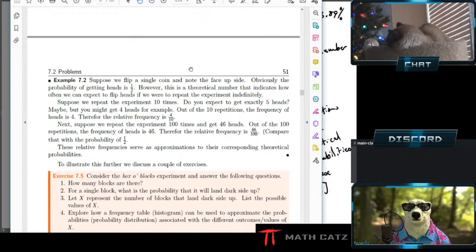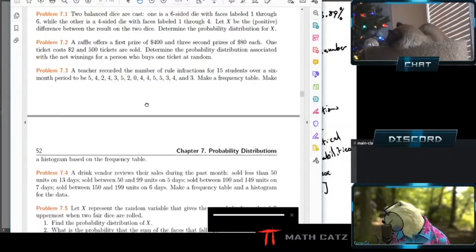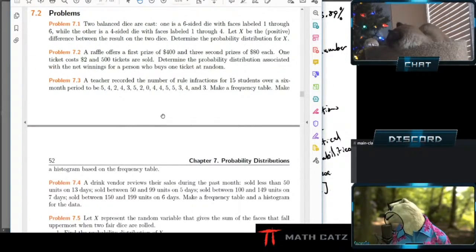So I'm sort of stopping on purpose. I want to let some things just sit and then we'll do an exercise, whereas other things are done and we will be able to do problems already. So problems you can do right now if you want to.